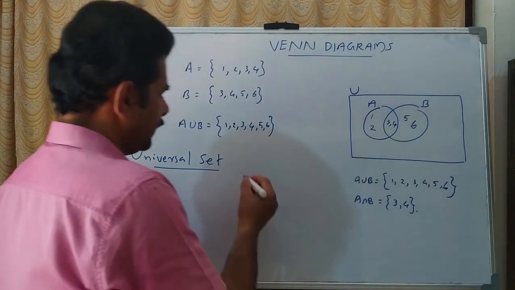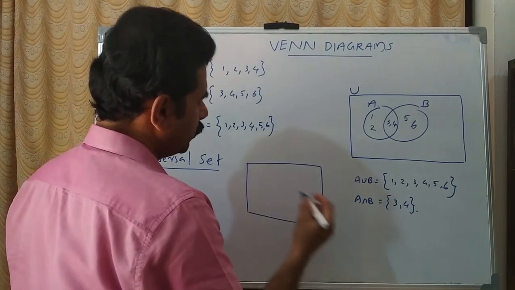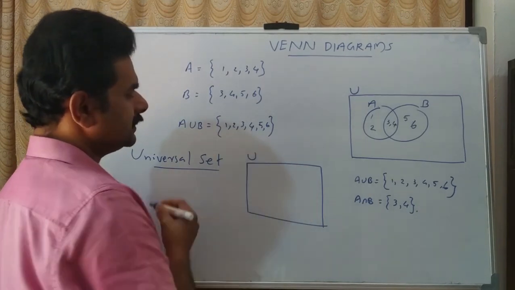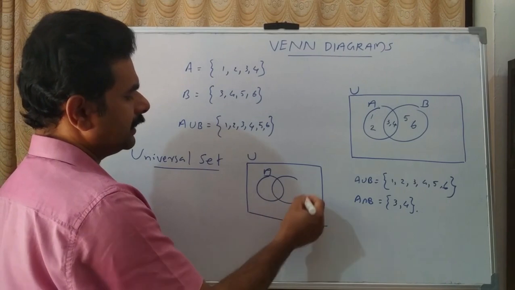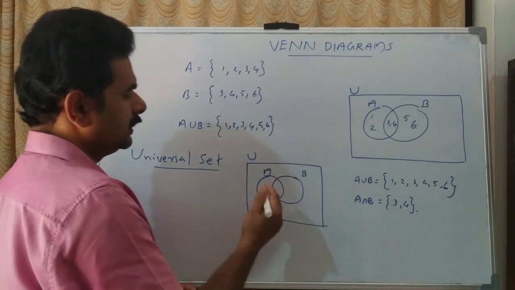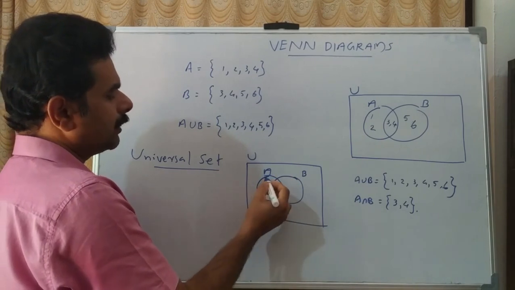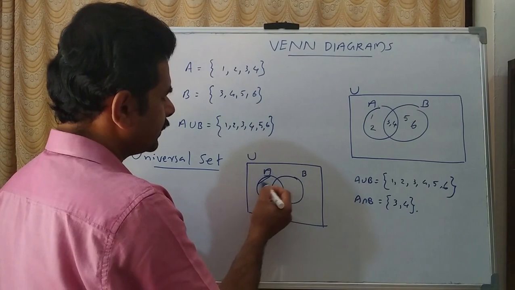Generally, for representing A union B, this is the universal set. This set is A. This set is B, in overlapping or interconnecting mode. Then A union B is a join of both A and B. So we can shade A here.